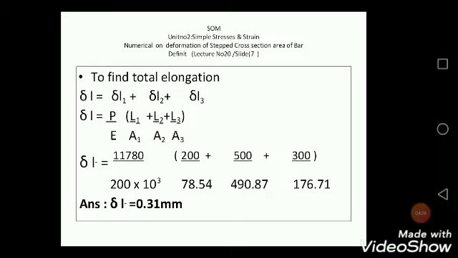Substituting the value, delta L is equal to P is 11780 divided by E 200 into 10 raised to 3, in bracket L1 200 divided by A1 78.54 plus L2 500 divided by A2 490.87 plus L3 300 divided by A3 176.71. Solving, we get delta L, that is elongation for the complete bar, is equal to 0.31 mm.